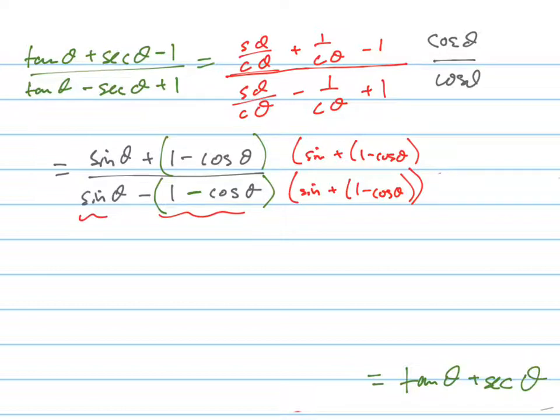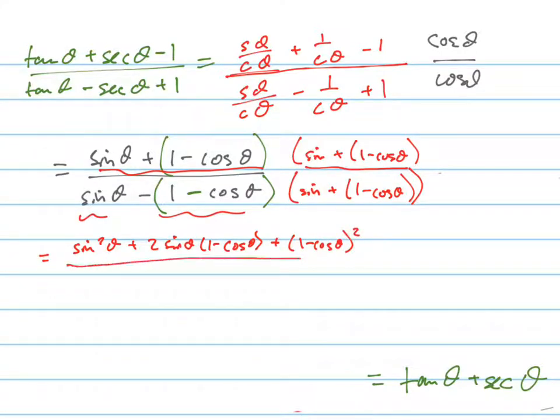Okay. Now, why would we want to do that? Well, because this will be a lot easier now to multiply these things out. Notice that I've got this times itself, basically. And we know the shortcut for that is just sine squared theta plus 2 sine theta times 1 minus cosine theta, plus 1 minus cosine theta squared, right?